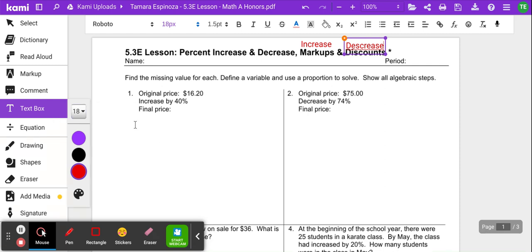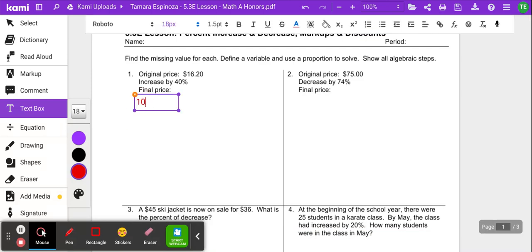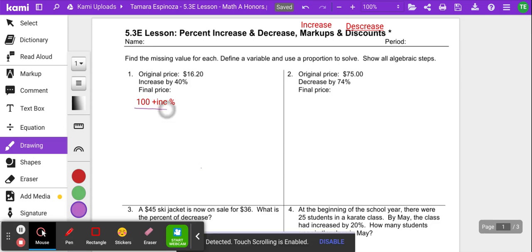So the original is 100% of what we had. And we are going to increase that 100%, what we had, increase percentage, over 100%, because that's the best percent you can have.